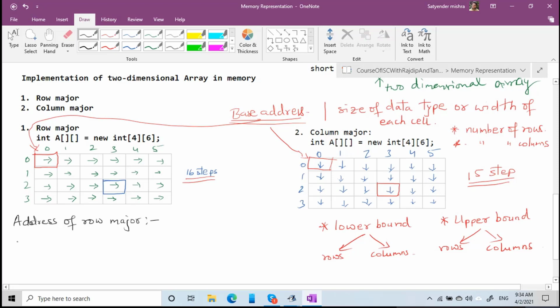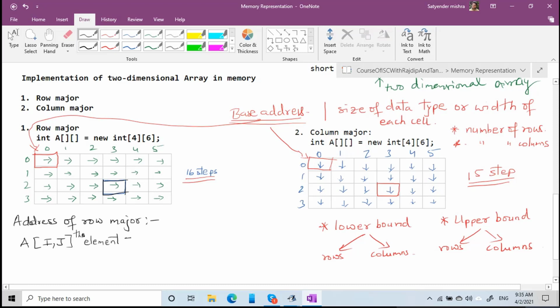For example, this is the element I want to find out. The name of the array is A, and we want to find out where the ij cell is located, where the ijth element is located.